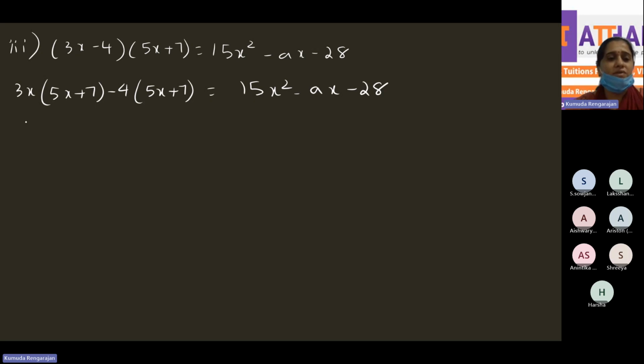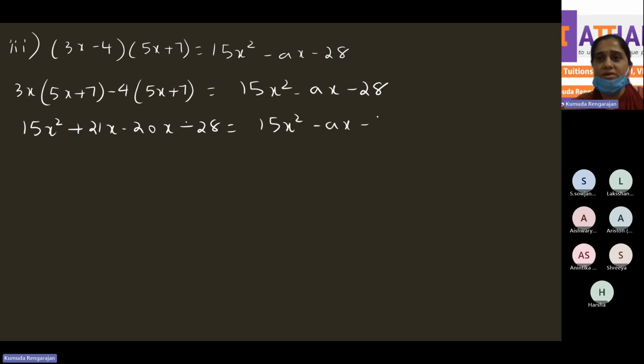Now here tell me, 3 5s are 15, x into x, x squared, plus 21x minus 20x minus 28 is equal to 15x squared minus ax minus 28. Now 15x squared, what is plus 21x minus 20x? Plus 1x, so plus x minus 28 is equal to 15x squared minus ax minus 28.